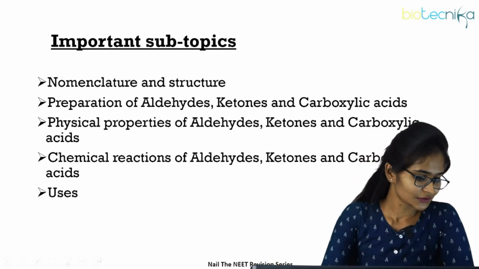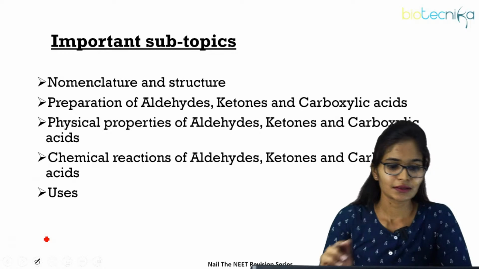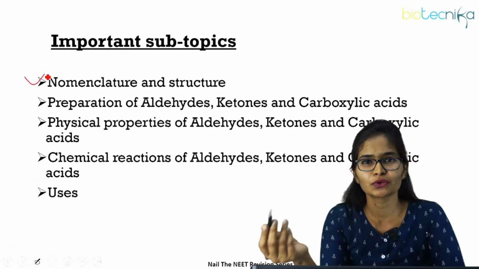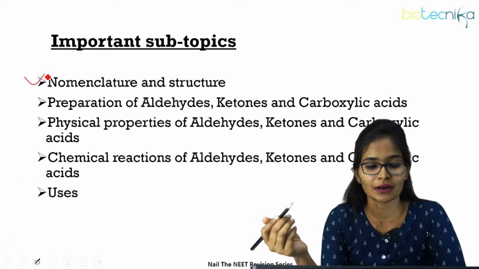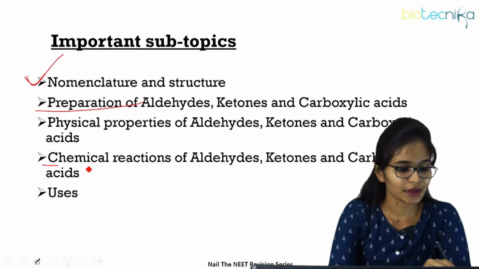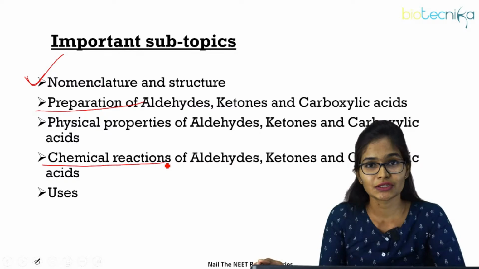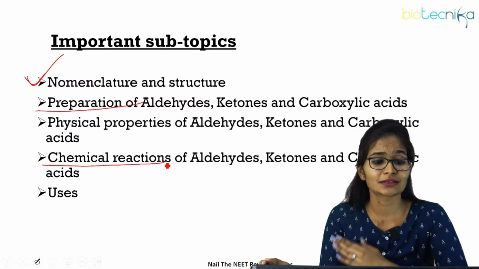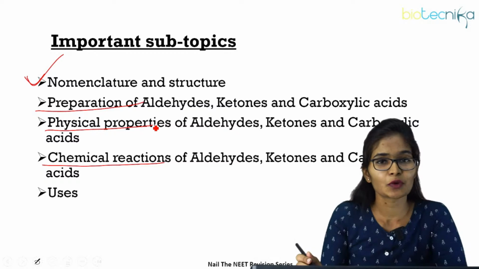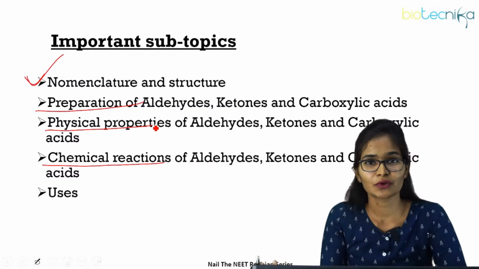There are so many subtopics in this. Firstly, the nomenclature and the structure. I hope you know how to name the compound, right? That part is important. Apart from that, preparation and chemical reactivity, which I am going to teach you completely. Next, it is the physical properties of aldehydes, ketones and carboxylic acids.